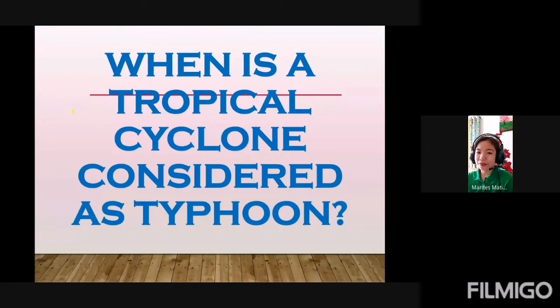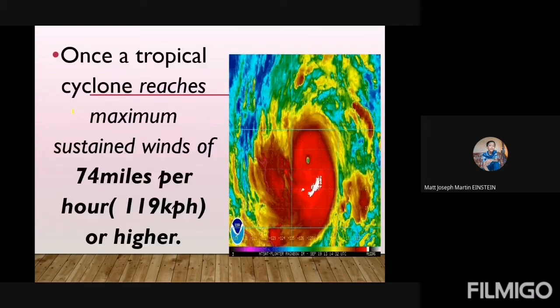So now we have a typhoon. When is a tropical cyclone considered a typhoon? Any idea? When can we say that this tropical cyclone is already considered a typhoon? Yes, Matt. Ma'am, it has a speed of 118 to 220 kilometers per hour. Very good, Matt.